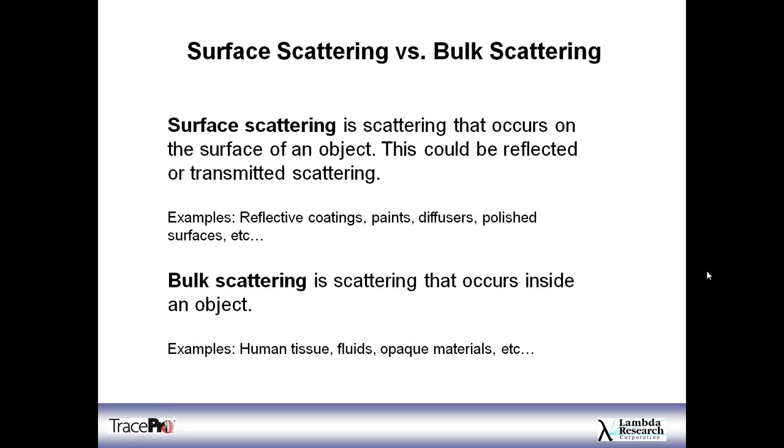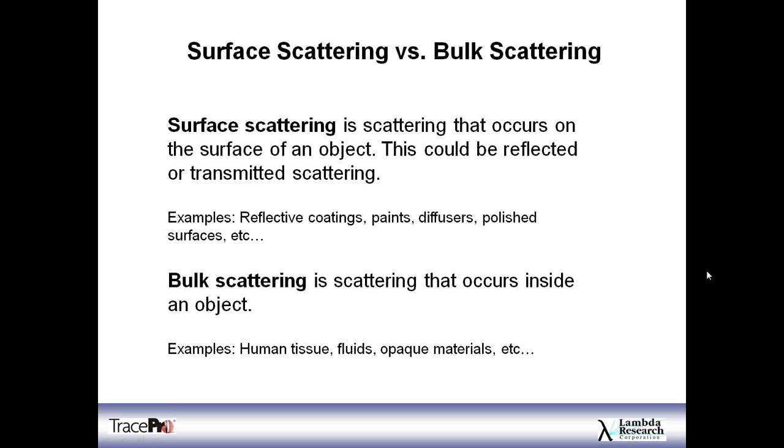When you're working with scattering, especially in TracePro, you'll typically see two different types: surface scattering and bulk scattering. Surface scattering is scattering that occurs on the surface of the object. This could be reflected or transmitted. Some examples would be reflective coatings, mirror coatings, paints, diffusers, applied coatings, and polished surfaces.